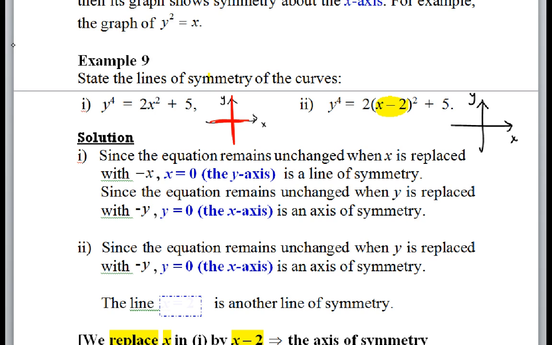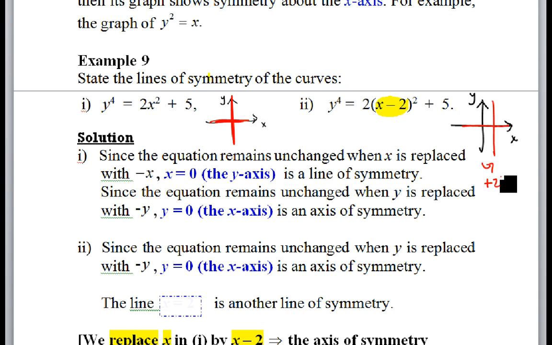Can I have attention? Look up. So no matter how the graph looks like, the whole graph will be translated in the positive x direction by 2 units.